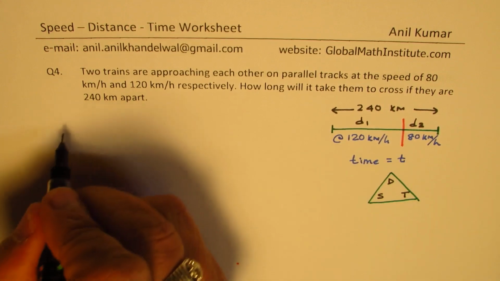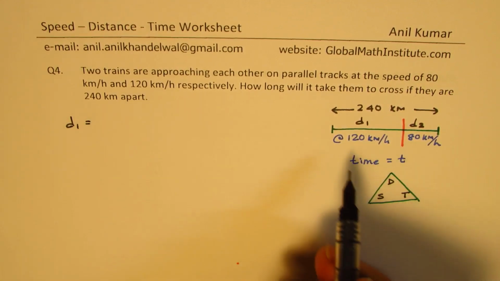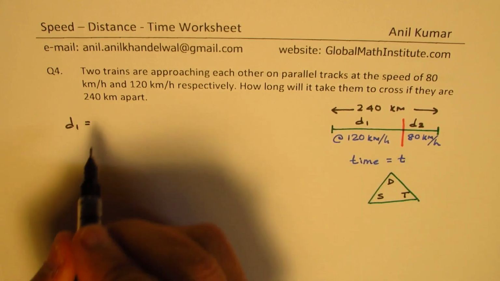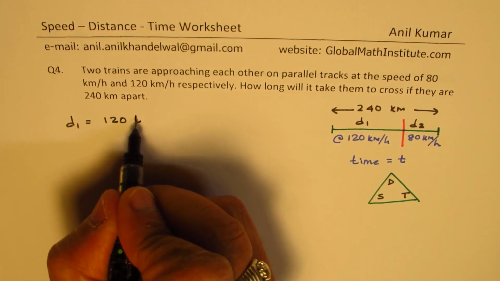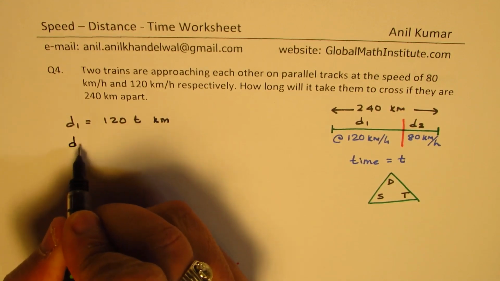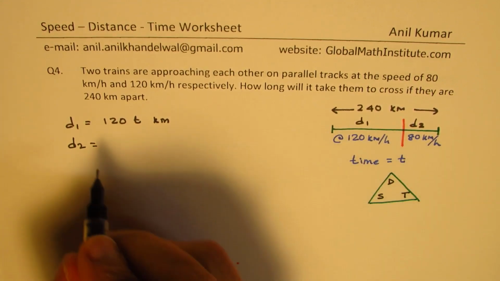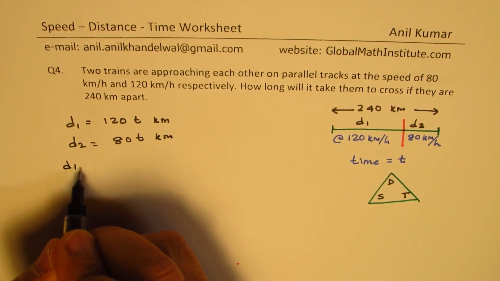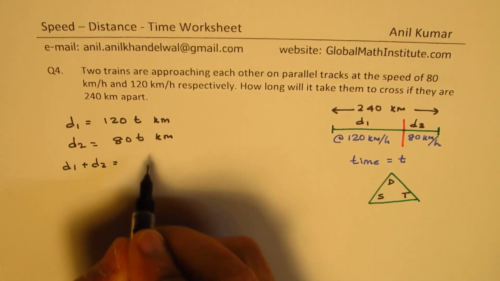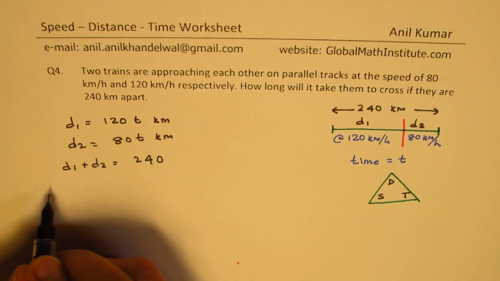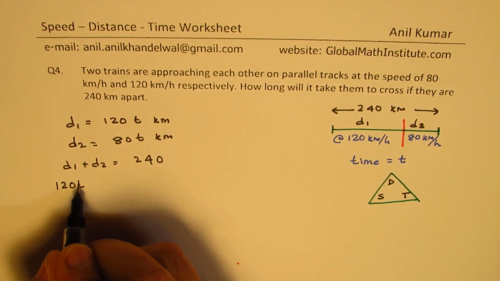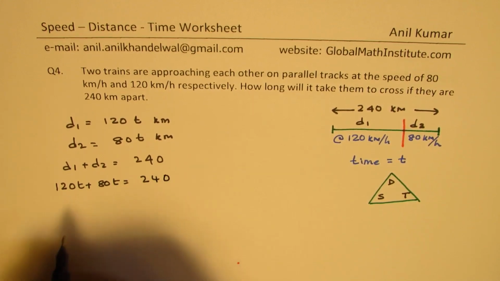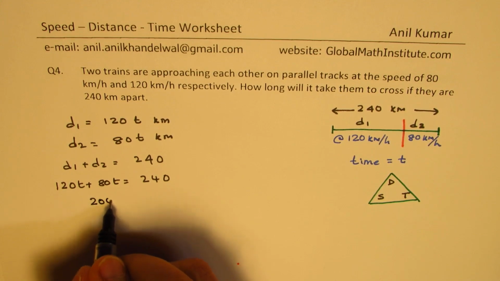So we can say that distance d1 traveled by the first train will be speed into time, which is 120t kilometers. Distance d2 will be speed into time, which is 80t kilometers. And since we know that the total distance is 240, we can now write 120t plus 80t equals 240. Now that is 200, right?